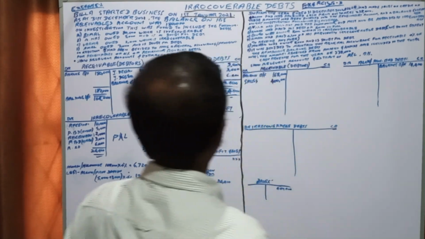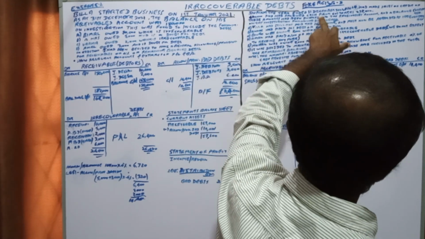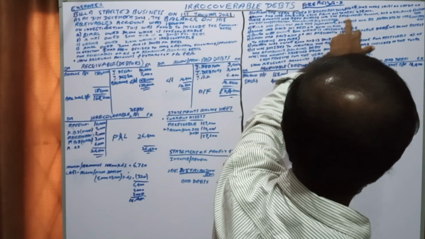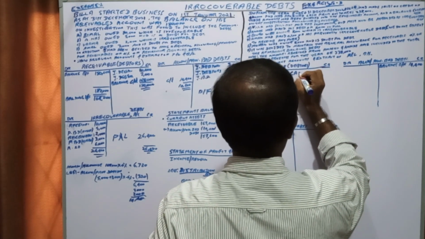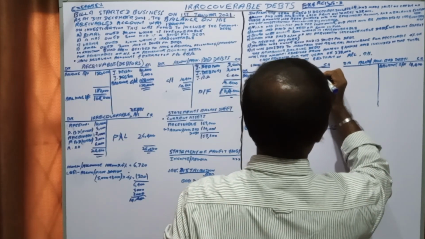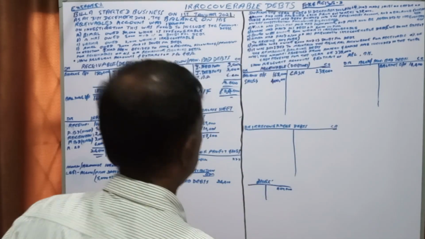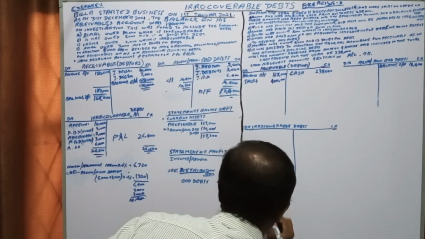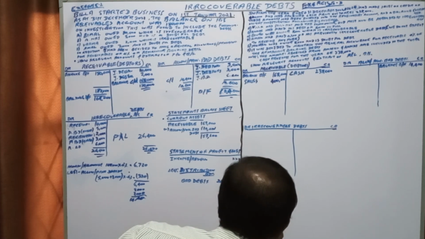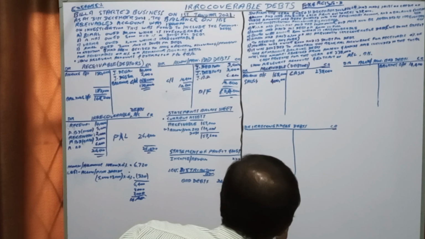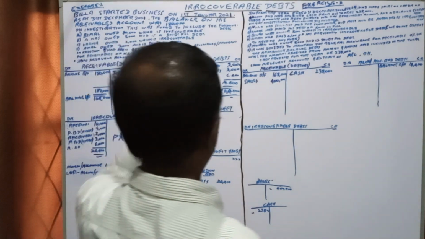And from which the customers paid 238,000. Understood? So cash account 238,000. These are the double entries.